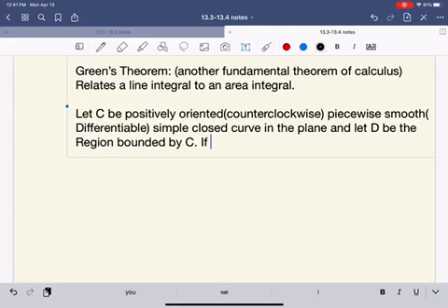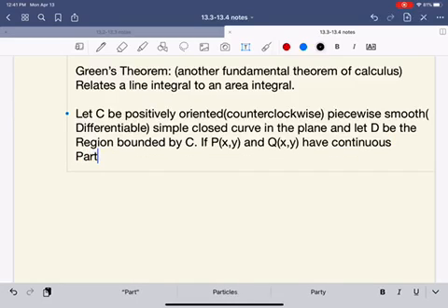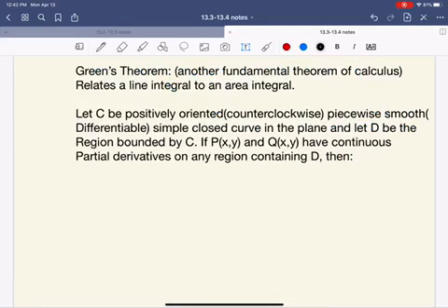If P of x, y and Q of x, y have continuous partial derivatives on any region containing D, then, now we're going to get to the statement.